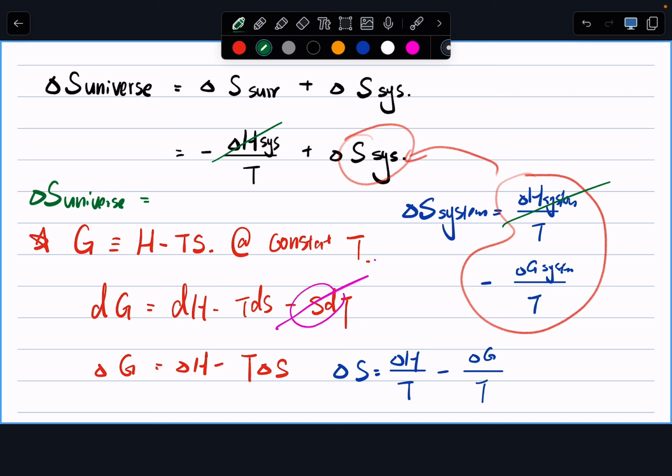So the delta S universe equals negative delta G of my system over temperature, for this closed system, constant T, P, PV work only. Or the other way to put it is the decrease in the Gibbs free energy of the system as the system proceeds to equilibrium at constant T, P corresponds to the proportional increase in entropy. All right, so delta G and delta A are just developed so that we can describe entropy in a more straightforward way to find material equilibrium.